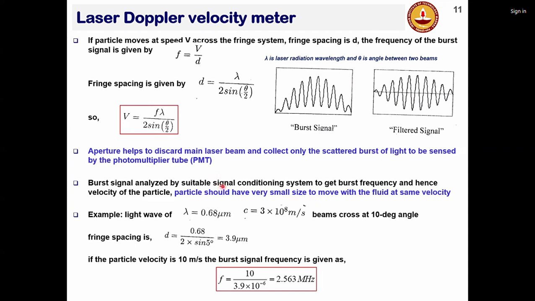So here, just an example. Let's say the wavelength of the laser is 680 nanometer or 0.68 micron. And we know the velocity of light, which is 3 into 10 to the 8 meter per second. And these beams cross, let's say, at a 10-degree angle. This is a geometrical parameter that you have defined.